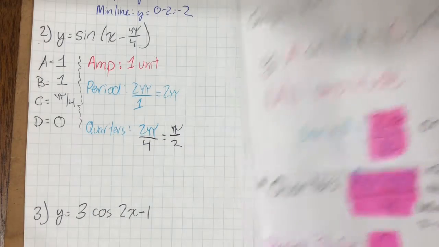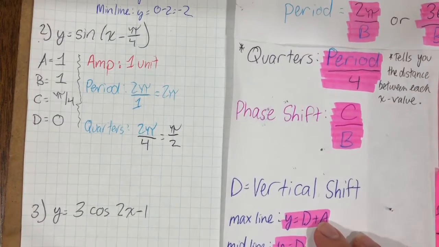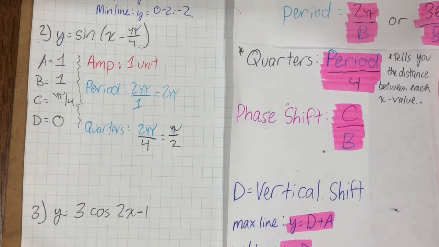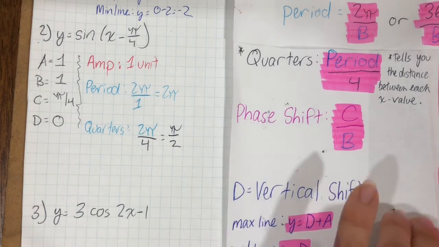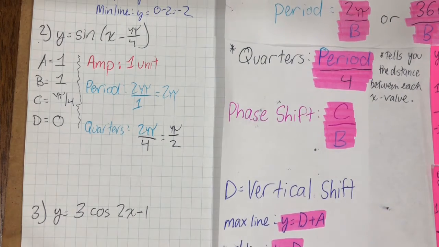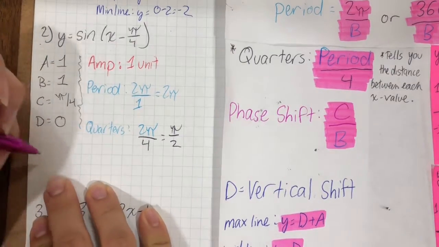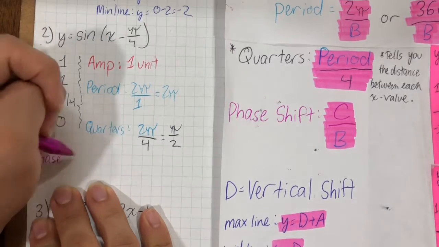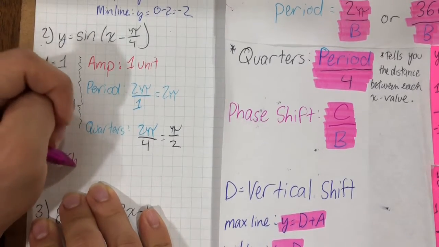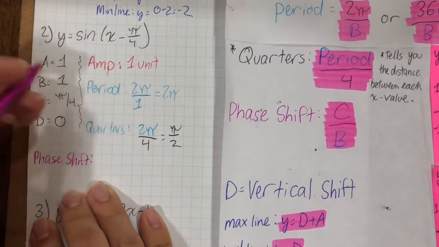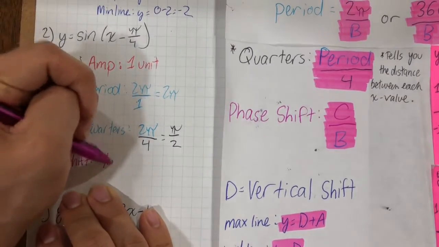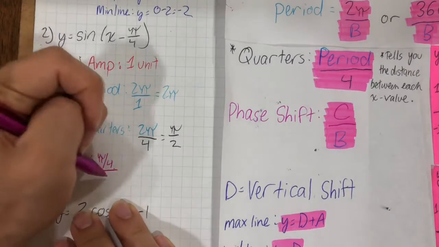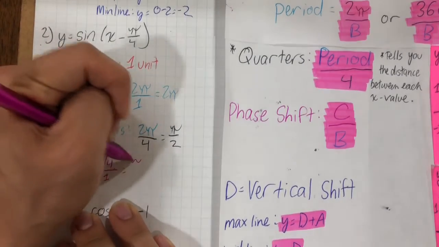And then we have something new that we didn't have in number 1, which is a number for C, which is part of the phase shift. So now I actually have a phase shift going on. To figure out the phase shift, which I'm going to write over here, I have pi over 4 for C, and if I divide that by my B, which is still 1, I end up with pi over 4.